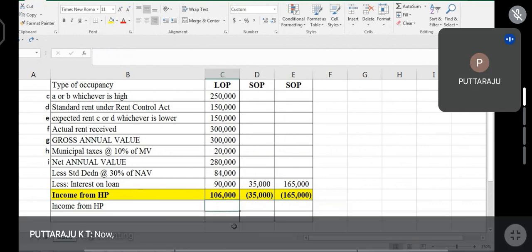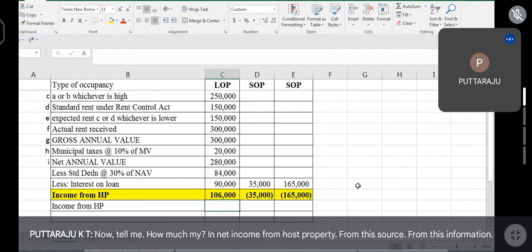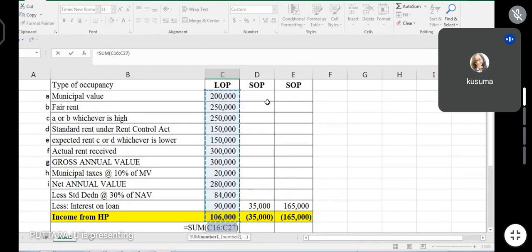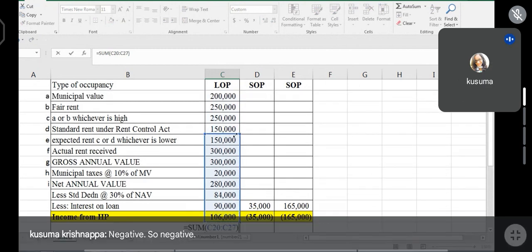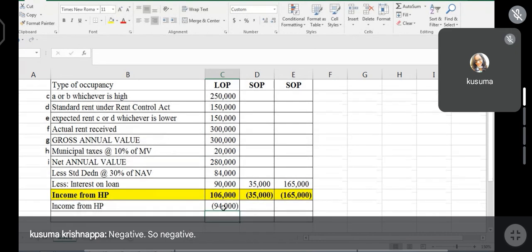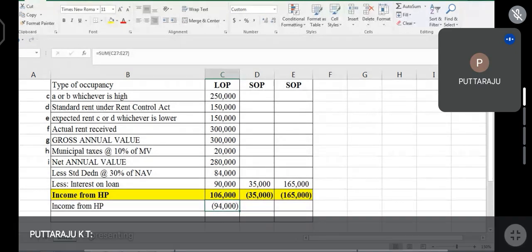Now tell me, how much is my net income from house property from this information? Sir, it's negative. 94,000. You can carry forward this loss to the next assessment year.